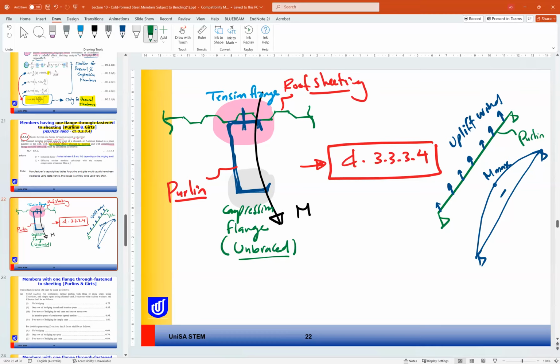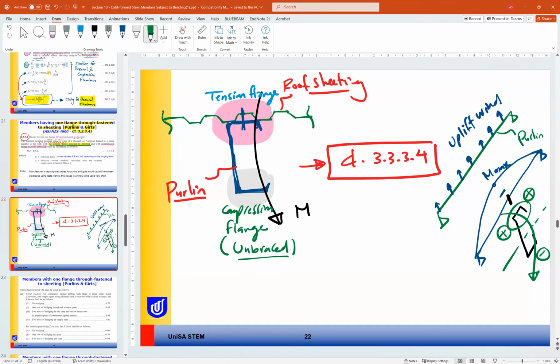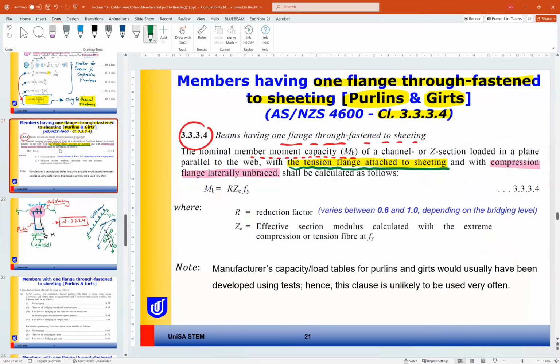So if we look at our section here, sorry, our purlin here, this purlin will be under a moment like this. So the top flange connected to the sheeting is our tension flange. The bottom flange in this case is our compression flange. Okay, so this is the case the standard refers to.